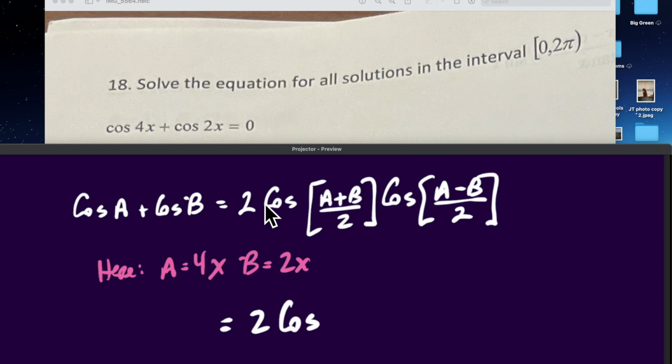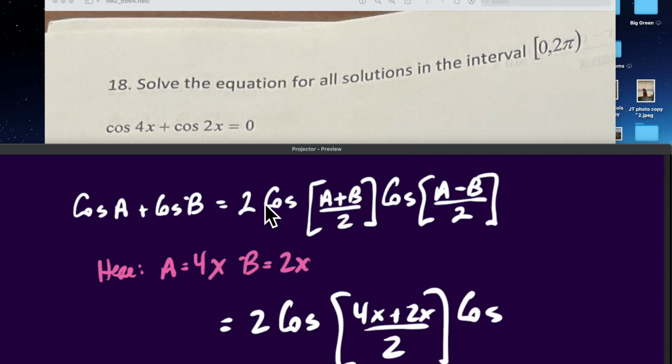That's going to leave us with 2 cosine of 4x plus 2x over 2 times cosine of the difference between them, 4x minus 2x over 2.